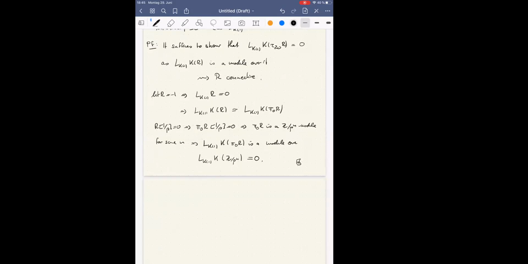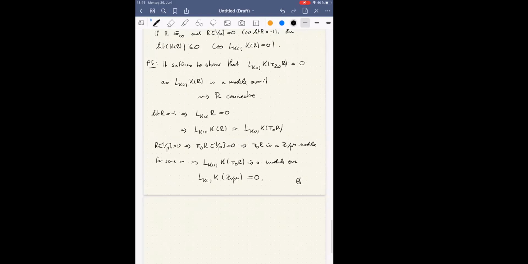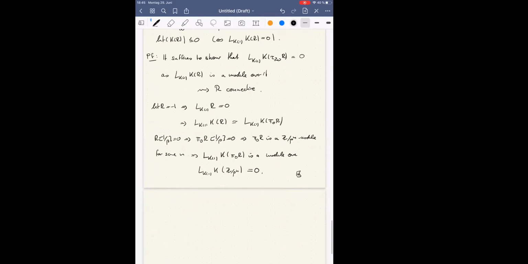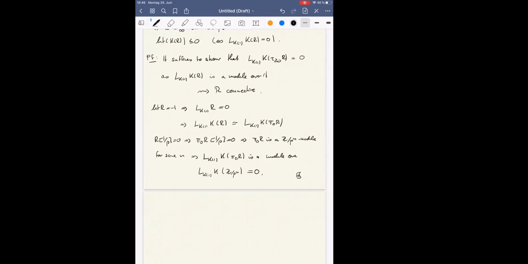So this is the case of going from height -1 to height 0. On the other case, I just want to shortly comment. More generally, one can show that Tn local K-theory is truncating on T1 to Tn acyclic ring spectra.